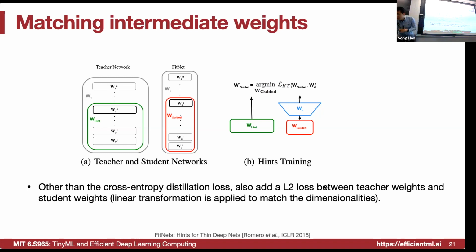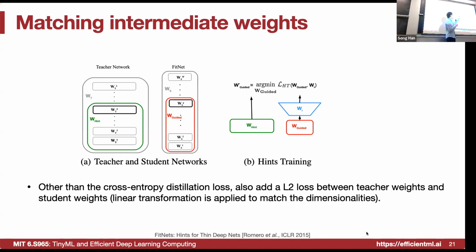Let me move this zoom so that you can see the citation on the bottom. Other than this cross entropy distillation loss, we can add an L2 loss between the teacher's weight and the student's weight. Usually the student model will be smaller, with a smaller dimension than the teacher model.